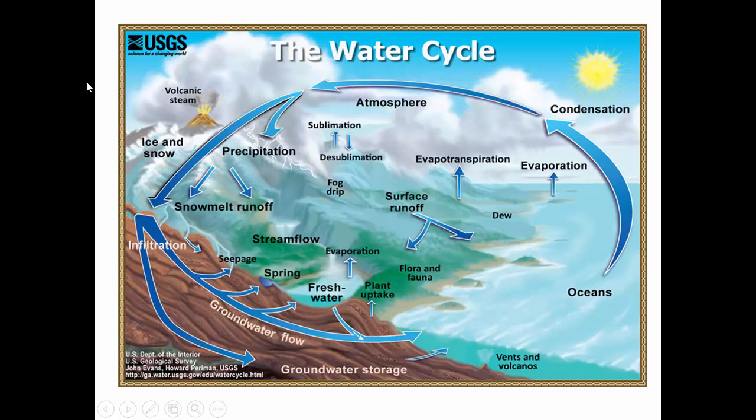And this figure that comes from the USGS is pretty interesting because it shows all the different ways that water is getting into the atmosphere and then back out of the atmosphere. You'll notice they even go so far as to identify that some water enters the atmosphere as volcanic steam. The process of sublimation, for instance, is the direct conversion of ice into atmospheric water without it melting first.